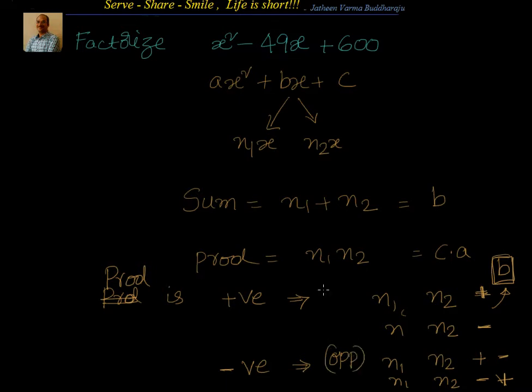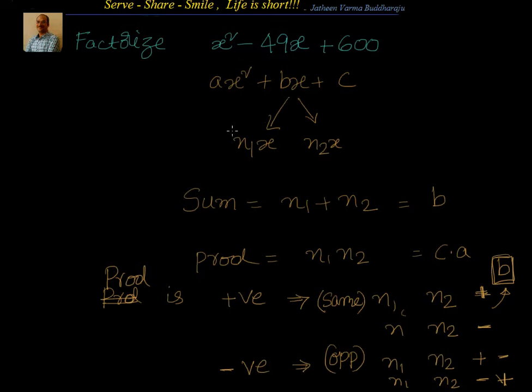In the case where the product is positive, they are of the same sign. Here, since they are plus and minus, you are looking for the subtraction of 2 numbers to find the value of b. So if the product is positive, you are looking for n1 plus n2. If the product is negative, you are looking for 2 numbers whose difference is equal to b.